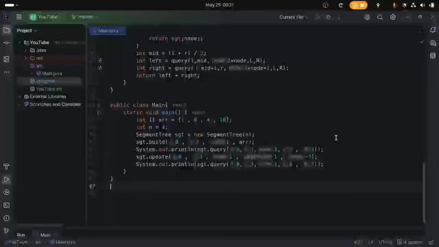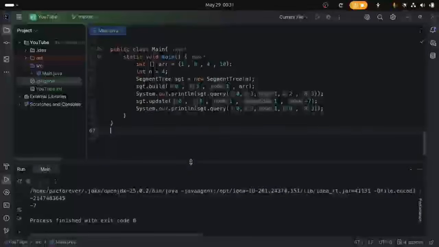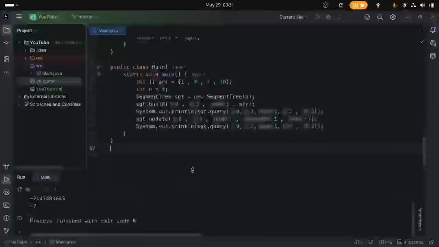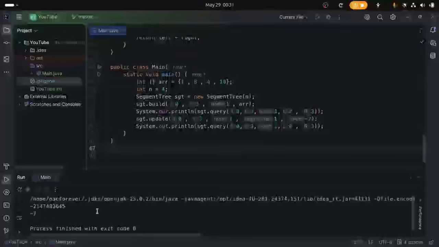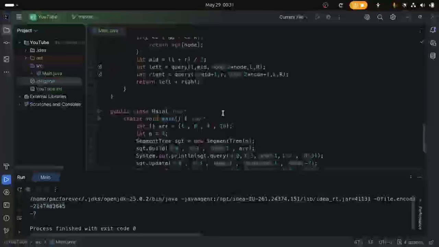Okay, now let's execute this code. For this we are getting the correct value, which is -7 for the complete array, because the first index which had 8 will be replaced by -7. But why are we getting a garbage value over here?